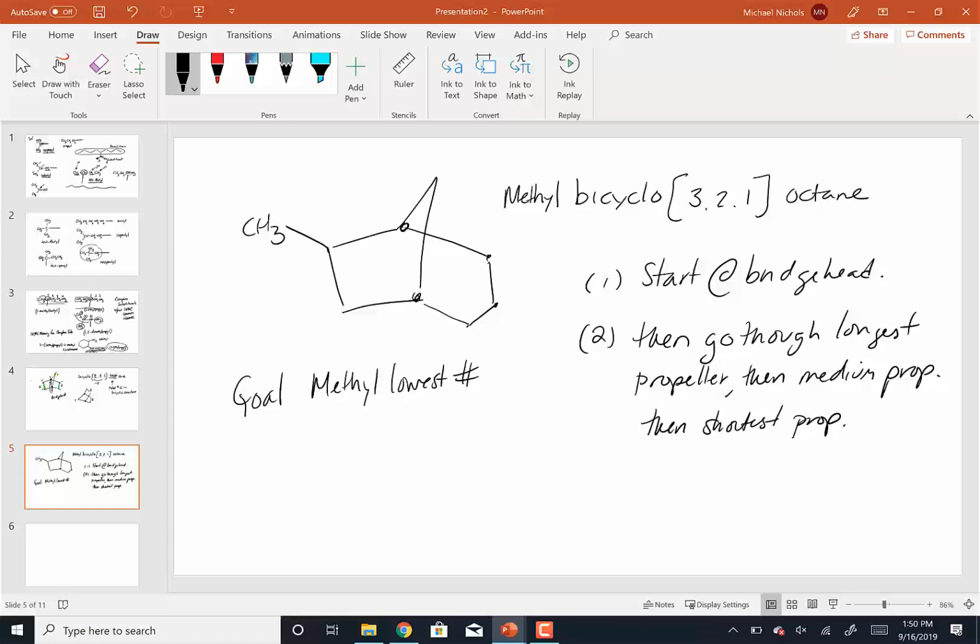Okay. So how am I going to get the methyl group the lowest number, following those rules? I'm going to start with B. I heard somebody say start with B. It wasn't very loud, it wasn't very confident, but it's B. All right: 1, 2, 3, 4, 5, and 6.